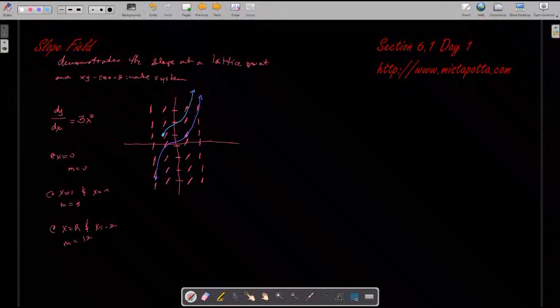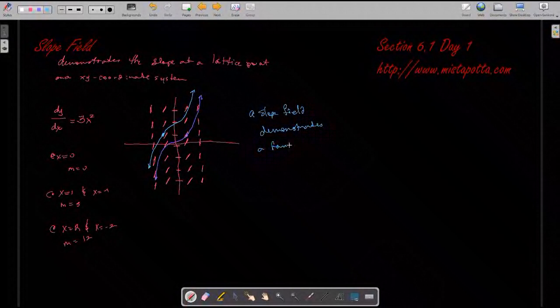And so what also is nice about a slope field is it doesn't just demonstrate one solution, but a slope field demonstrates a family of solutions.